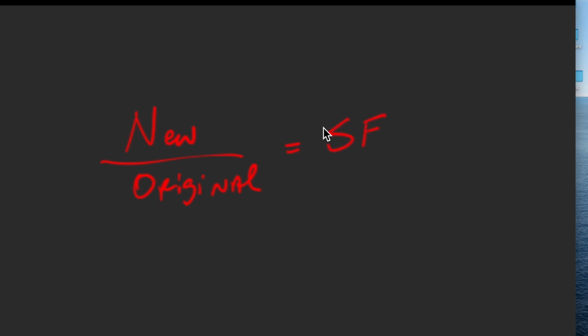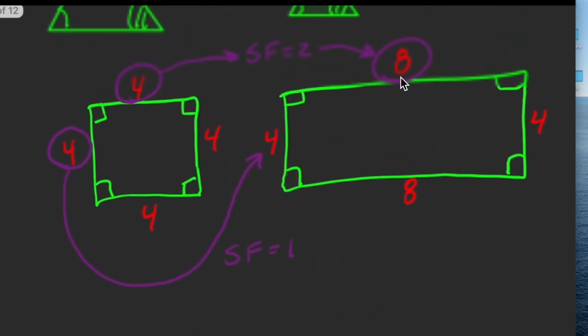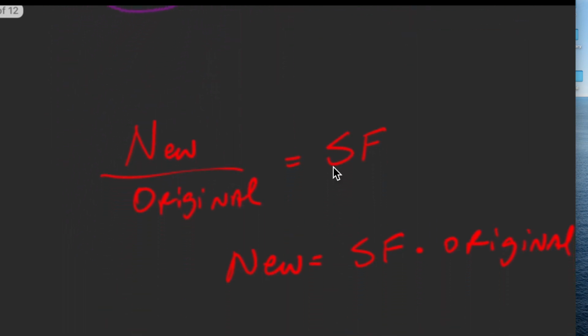And remember, the way I remember this is the New Orleans Saints playing the San Francisco 49ers. And if you multiply both sides, you'd get new equals the scale factor times the original. And that's what we did up here in this figure. Okay, here's our new, which is the 8, and that is the original times the scale factor. And here it is. The new equals the original times the scale factor.